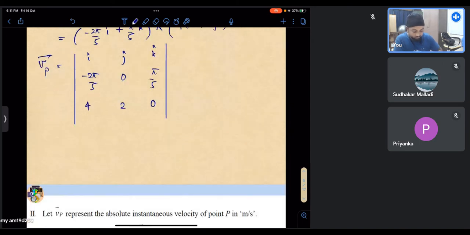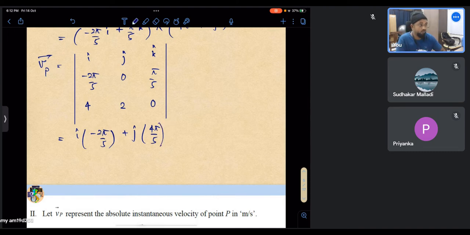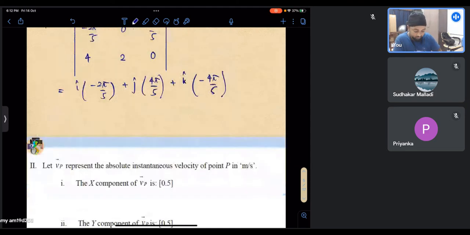If you open this out and calculate it, it will be I cap into minus 2 pi by 5, plus j cap into 4 pi by 5 minus 0, so nothing, it is just 4 pi by 5, plus k cap into minus 4 pi by 5, and then that is 0. So our velocity of P, you can just calculate this.